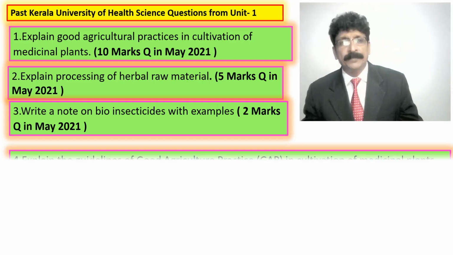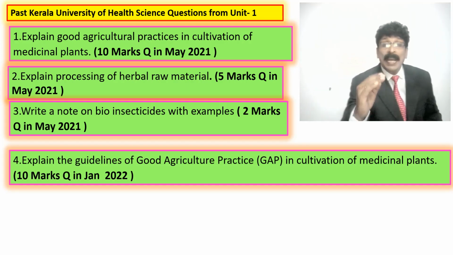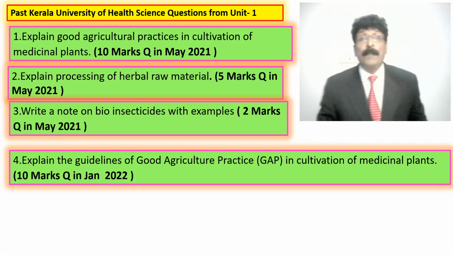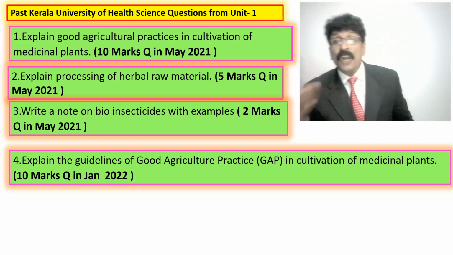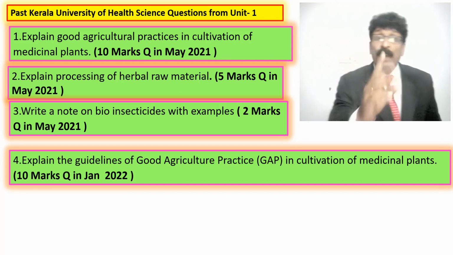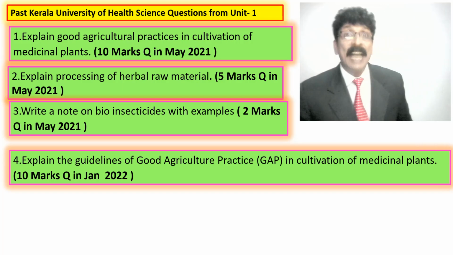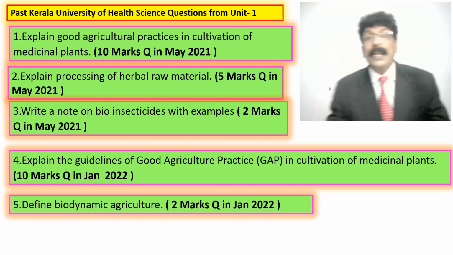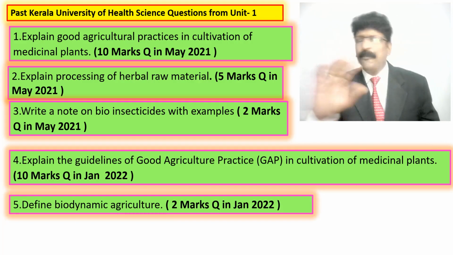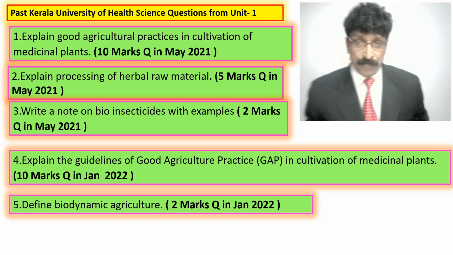In January 2022, explain the guidelines of good agriculture practice, GAP, in cultivation of medicinal plants, asked as a 10 mark question. And define biodynamic agriculture, a 2 mark question in January 2022.